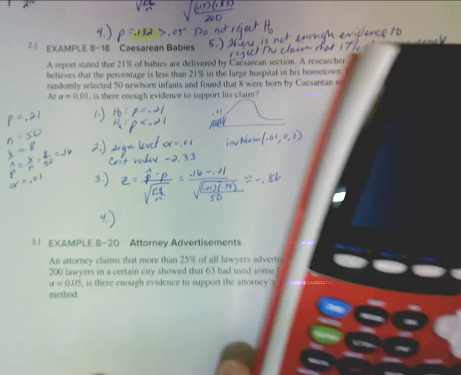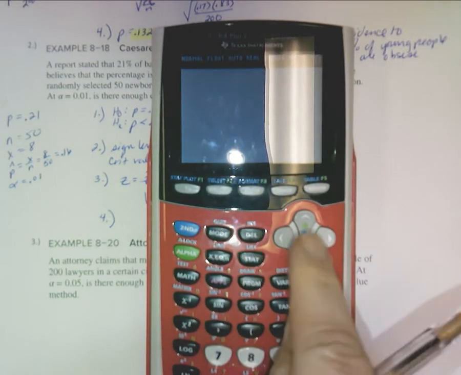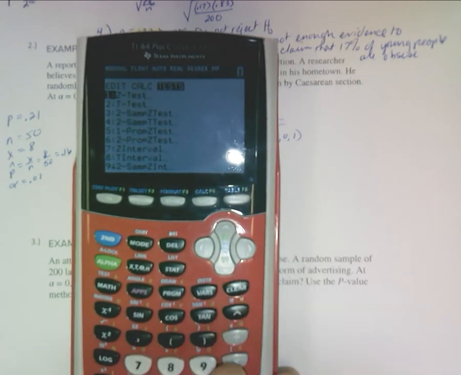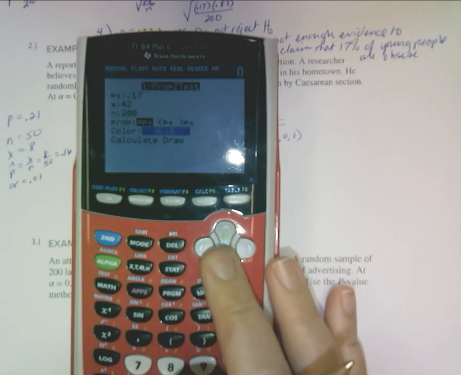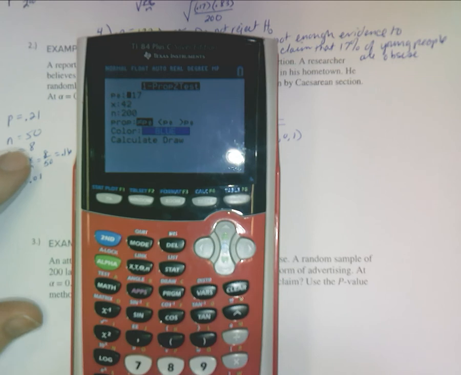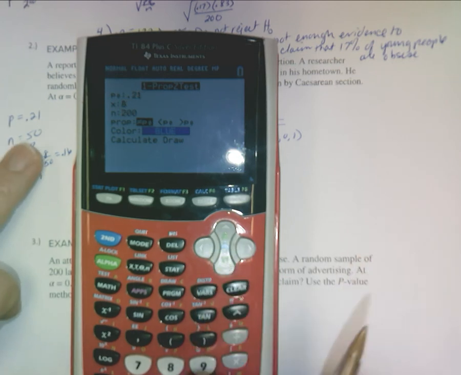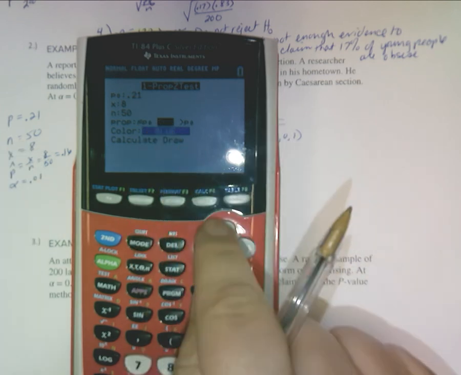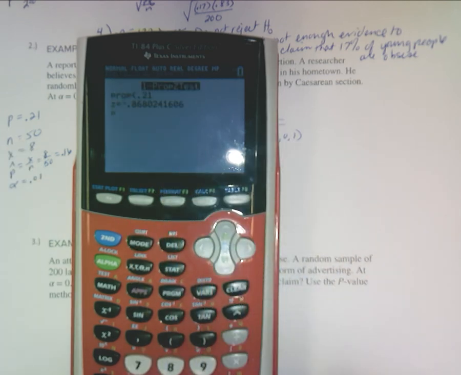When I go to stat, test, one prop Z test, I'm going to type in my information. My population proportion is 0.21. My X is 8. My N is 50. I'm going to choose less than. Calculate.